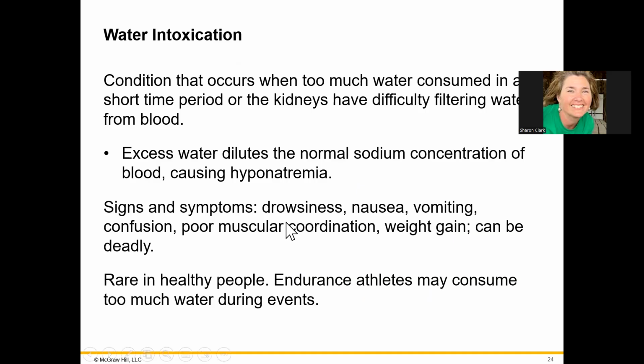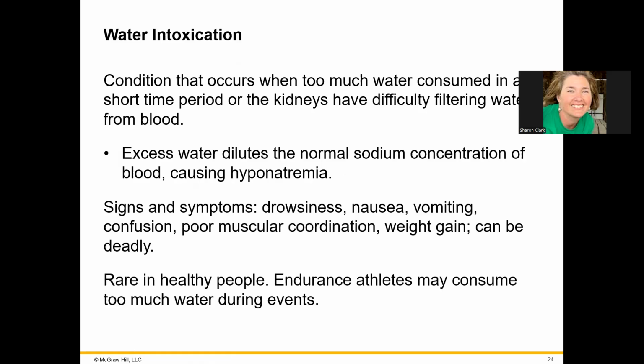This excess water buildup in the blood dilutes the normal sodium concentration in the blood and can cause hyponatremia. And we'll talk later on specifically about when we do the major minerals in part 2, how sodium is integral in that process. So when you have too little of it, how it can be deadly.